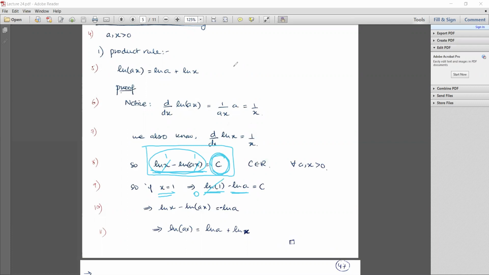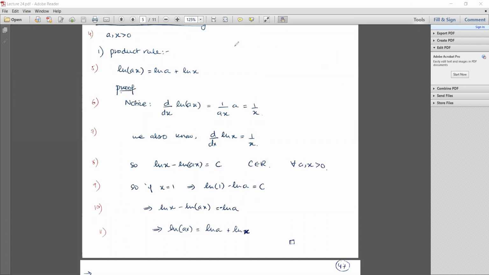And so I plug that in, instead of c I write negative ln a here. That gives me this, and just rearrange to get ln ax. Is that clear? Yes, ma'am. Thank you. Okay.